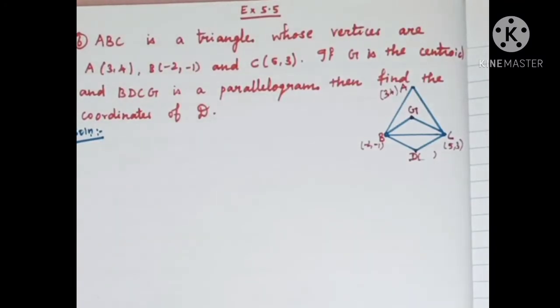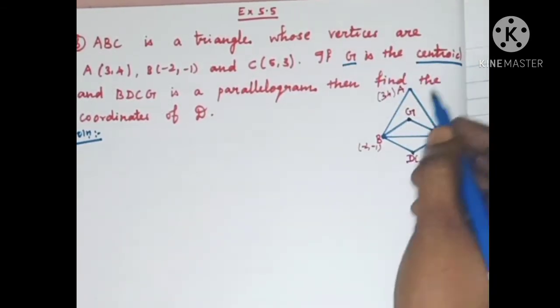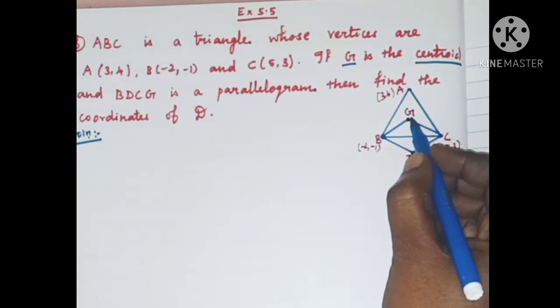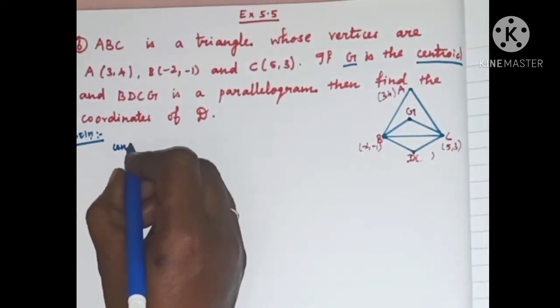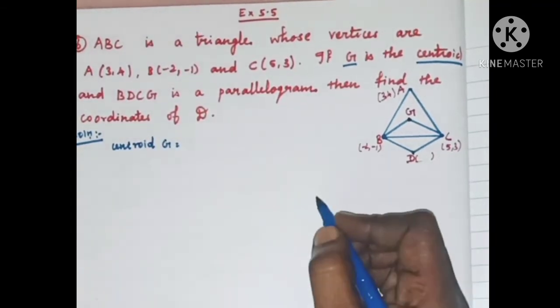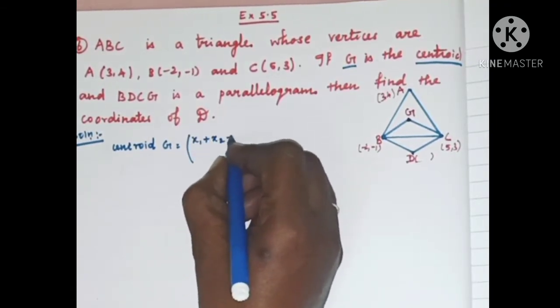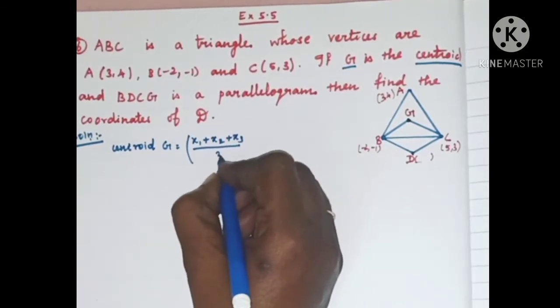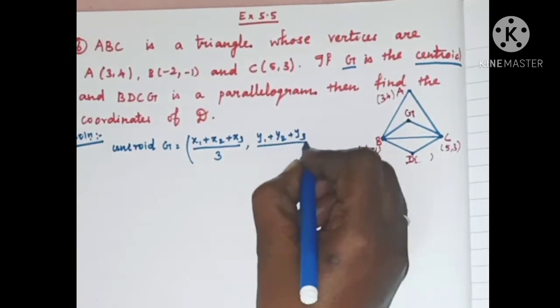In this problem, first we have to find the coordinates of G, the centroid. G is the centroid, but the point is not given, so we have to find the coordinates of the centroid. You know the formula to find the centroid: centroid G is equal to (x1 plus x2 plus x3 divided by 3, comma, y1 plus y2 plus y3 divided by 3).